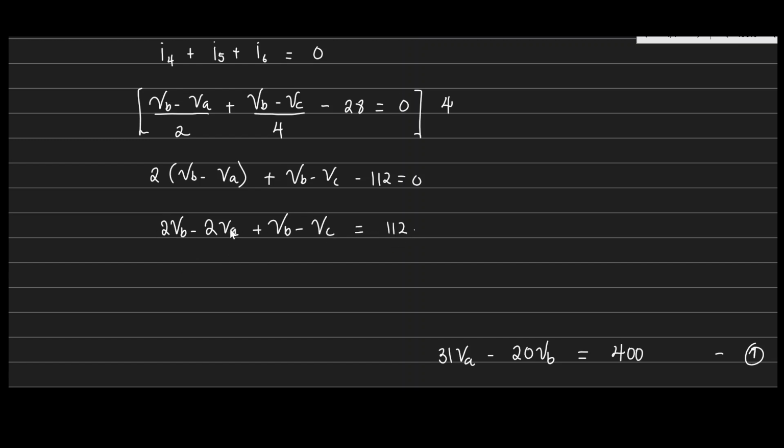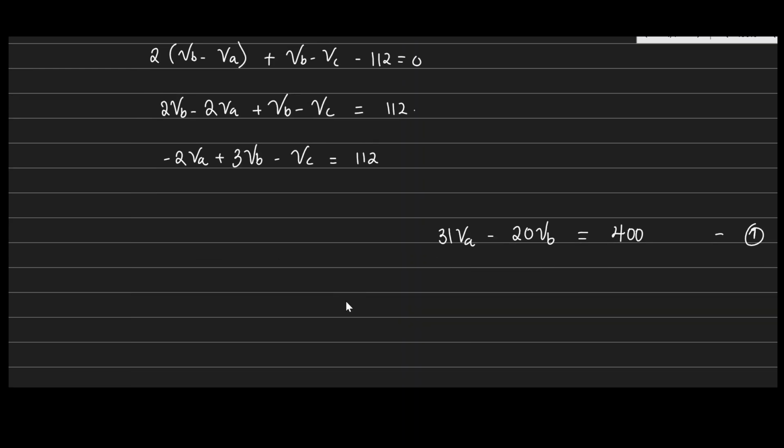So we write them in order. I'll start with negative 2VA, and then I'll write B terms, which is plus 3VB, right? 3VB, because 2VB and the positive 1VB there make 3VB, and then minus VC equal to 112, right? So this will be the second equation.